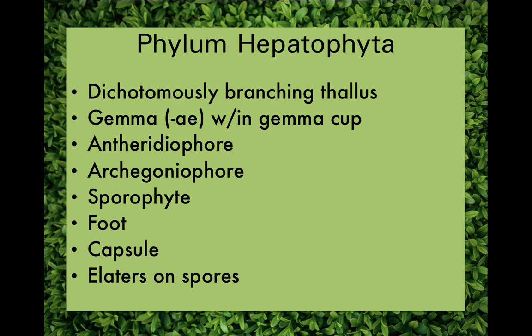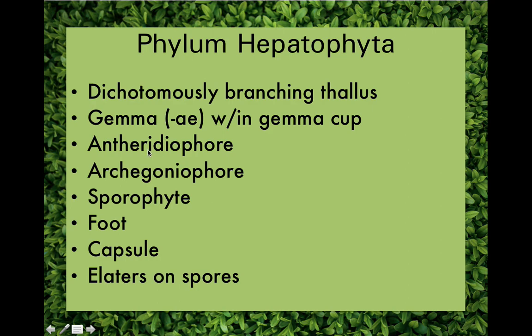Liverworts are capable of reproducing asexually using a structure called a gemma, or gemmae, if there are many of them, produced in a little cup-like structure called a gemma cup. And we have male gamete-producing structures that are called antheridiophores.